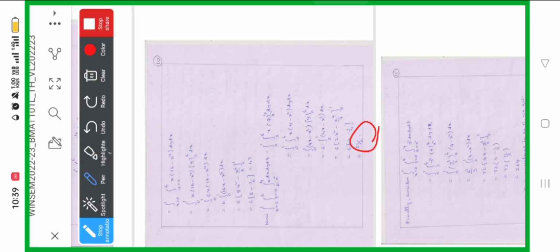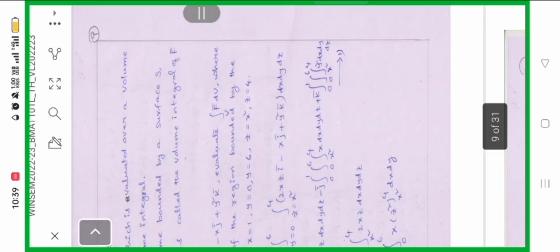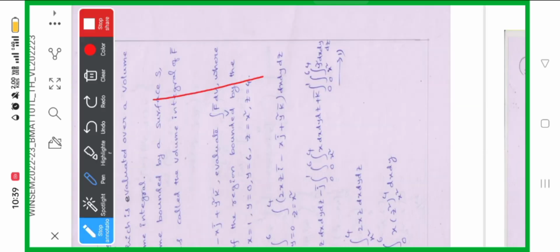Next we have to deal with the f3 component. By the question we have f1 as this term, this term as f2, and this term as f3. So what we have done is integrate separately.